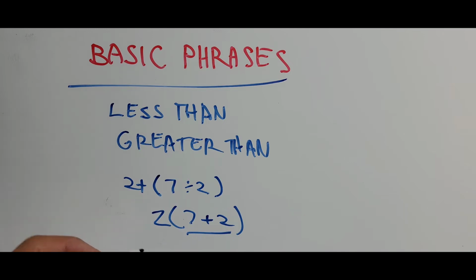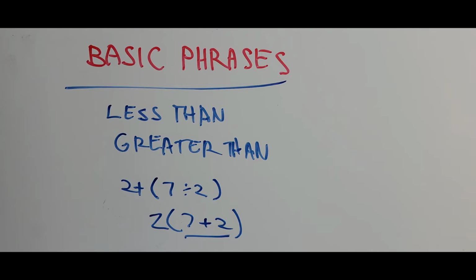So how do you say that in words? Basic phrases. 2 more than 7 multiplied by 2, or 2 multiplied by 2 more than 7, or 2 times the quantity 2 added to 7.